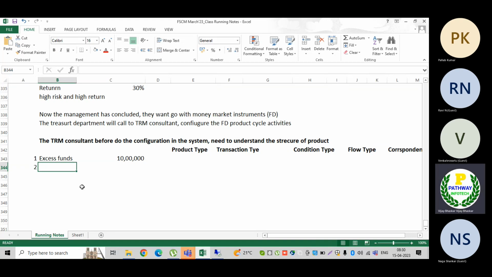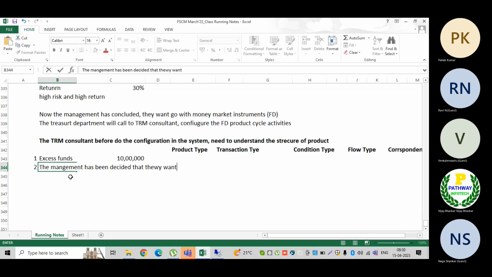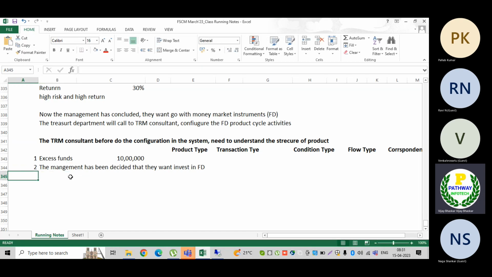In order to invest, the management has decided that they want to invest in FD, money market instruments.